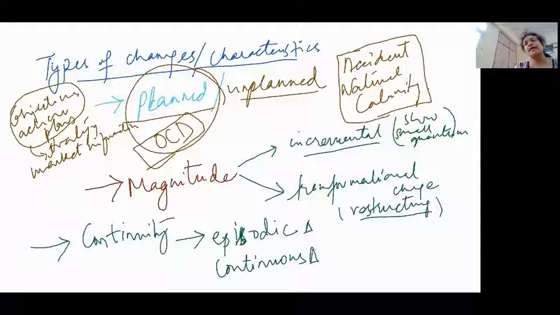Episodic change or continuous change. Now how are they different? Episodic change is not frequent, remember. It is not frequent. It happens sometimes, so it is explicit. Yeah, you can define it explicitly.